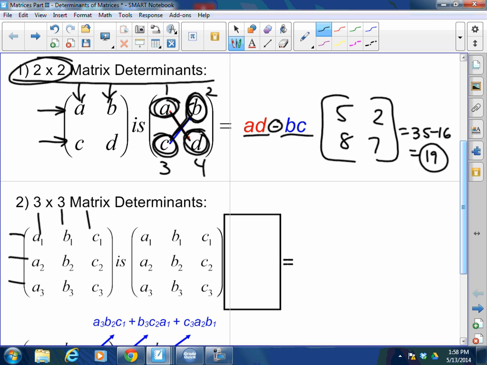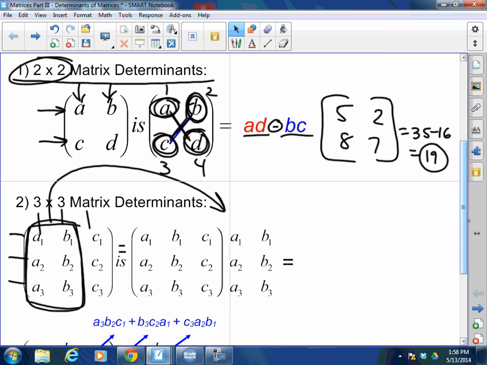When you find the determinant of a 3 by 3, you take the 3 by 3 matrix that you were given, and right next to it, you're going to put the first two columns. So you rewrite it: you have the regular matrix that they gave you, and right next to it, you repeat the first two columns.